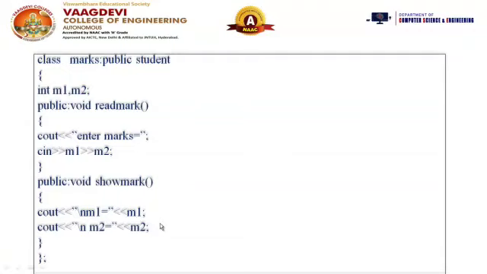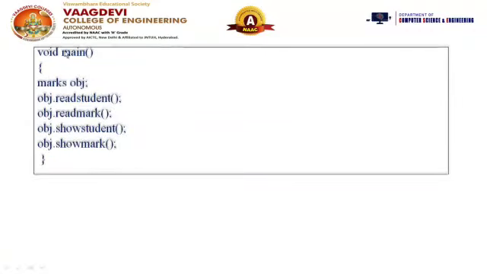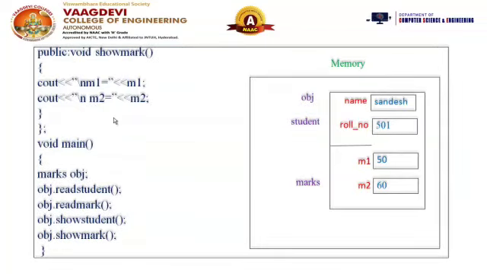The execution starts from main function. In the main function, at this statement, it will create an object for marks class. But marks class is inherited from student class. Therefore, obj is allocated with the memory of student and marks class as shown in memory.